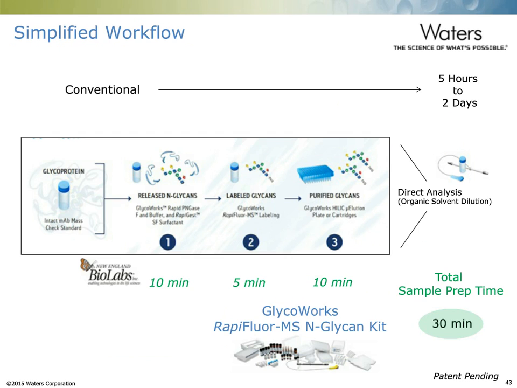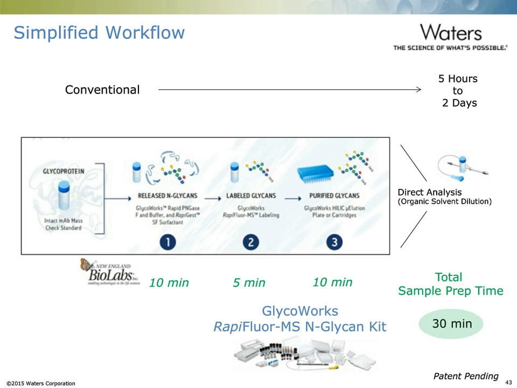So if we look at some of the benefits of using the RapiFluor-MS label for glycan analysis, if you're familiar with a conventional workflow for sample preparation for glycan analysis, a conventional approach can take anywhere from hours to, in many cases we hear, multiple days to do a full release, labeling and analysis of a released glycan sample.